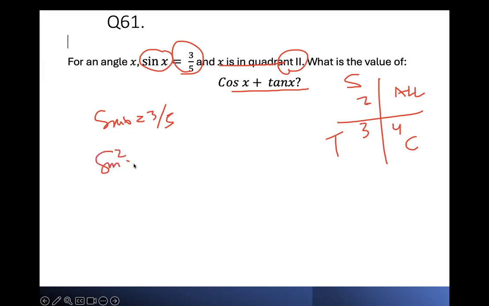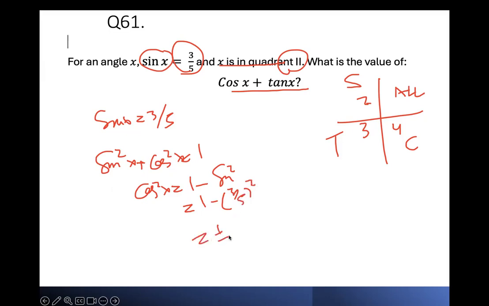Sine square of x plus cos square of x is always equal to 1. Therefore, cos square x is equal to 1 minus sine square x. In the process, if you put these answers there, 1 minus 3 over 5 squared, this is going to give you plus or minus what?